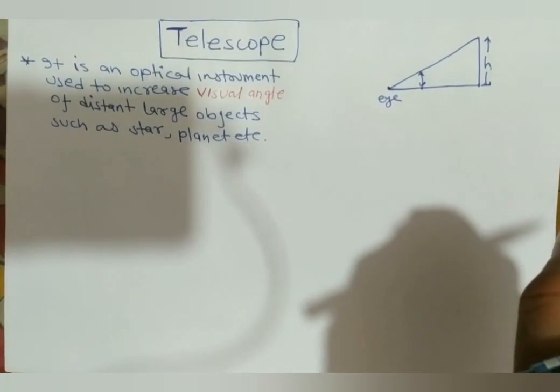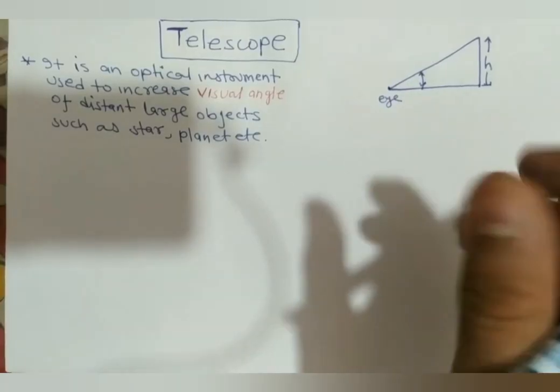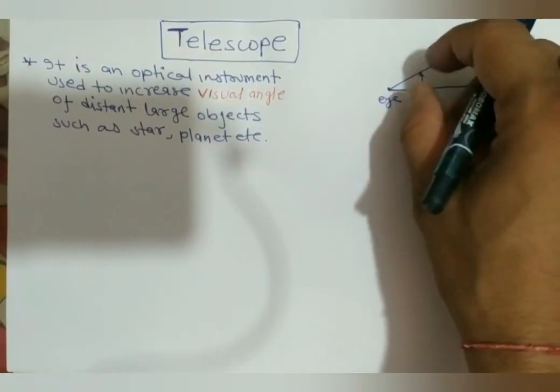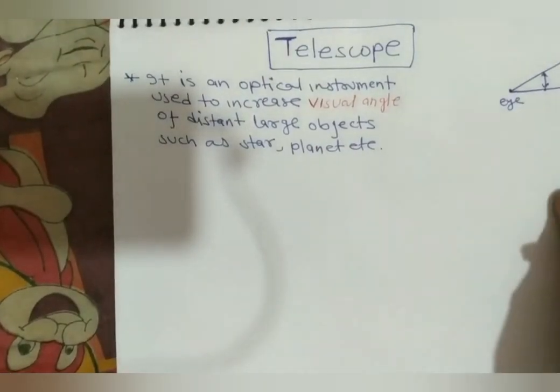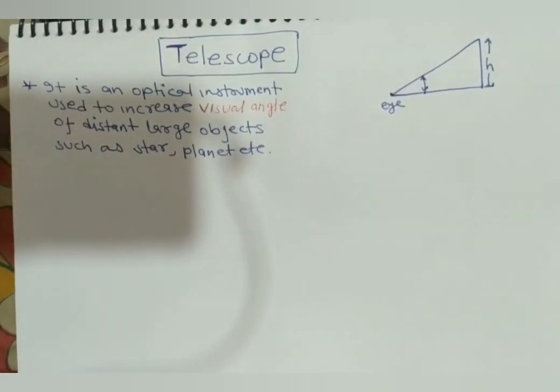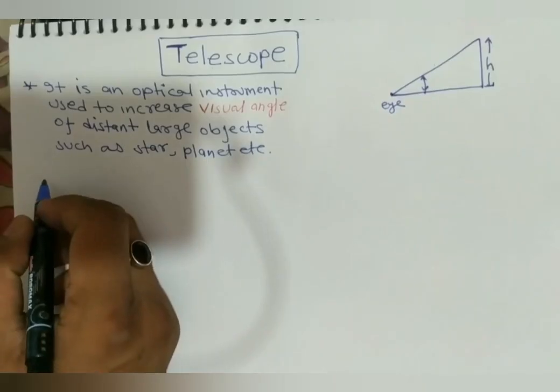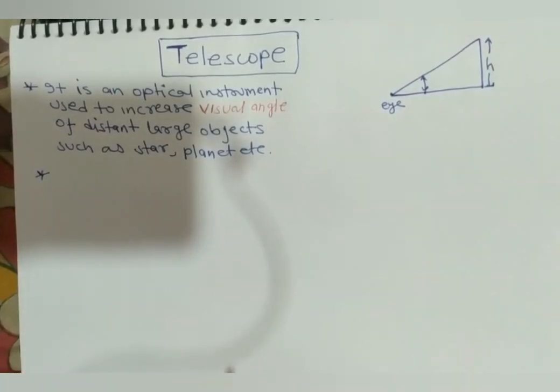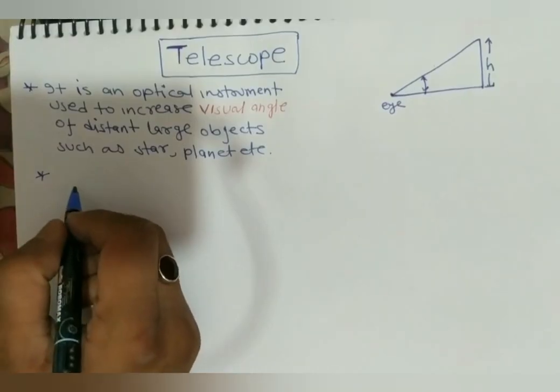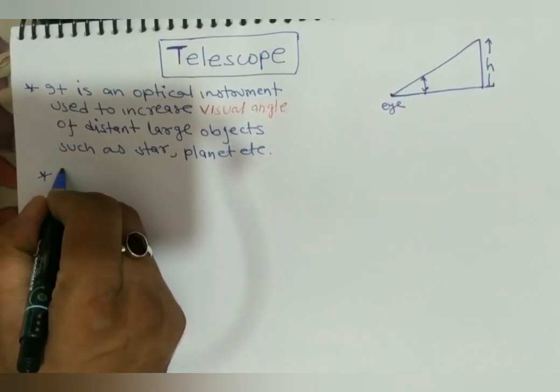The purpose of a telescope is to increase this visual angle. For this we define a term called magnifying power, as we have discussed in the microscope section. Now in this topic we are going to discuss the astronomical telescope.